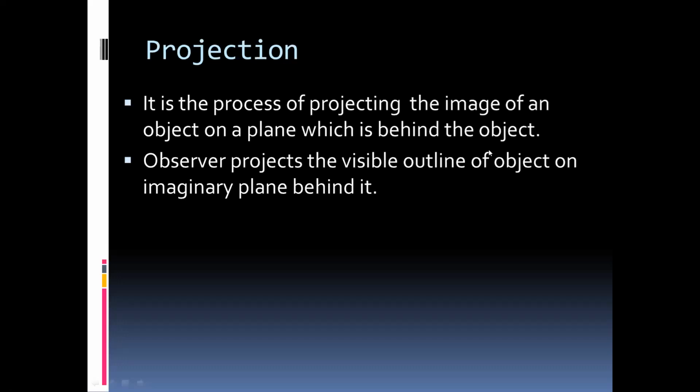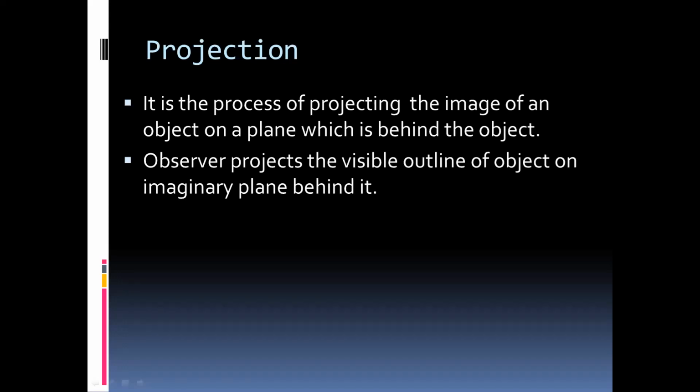Generally we assume any object, that is any three-dimensional object, is lying in a three-dimensional space. The observer projects the visible outline of that object on an imaginary plane which is behind that three-dimensional object.